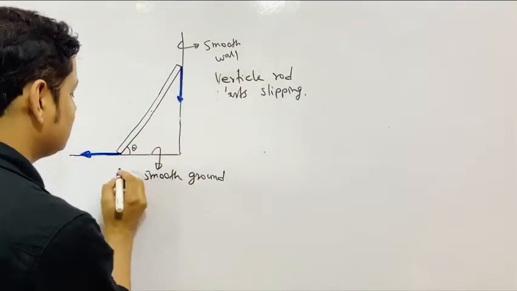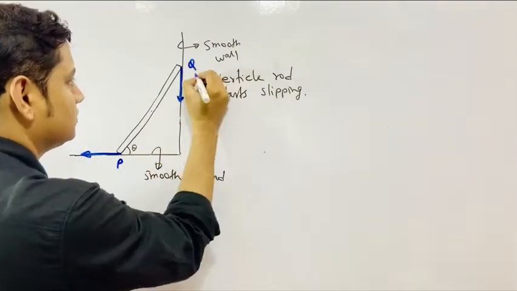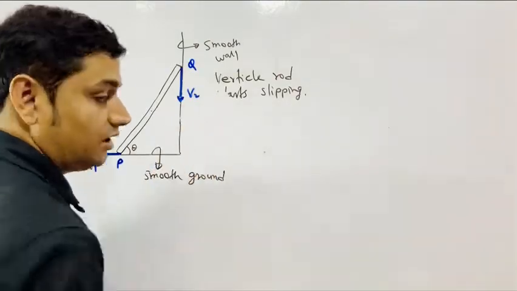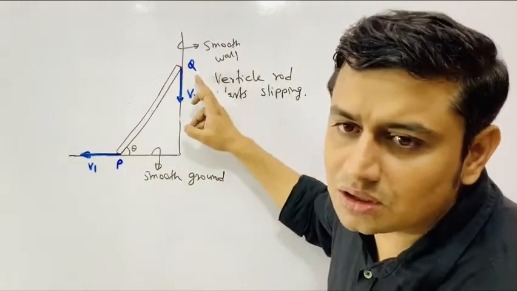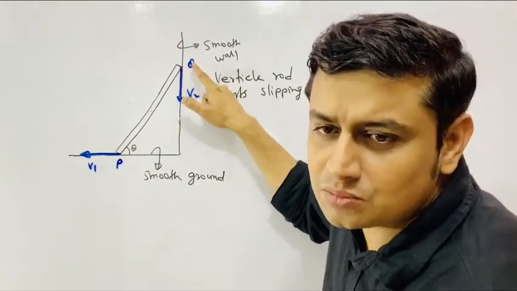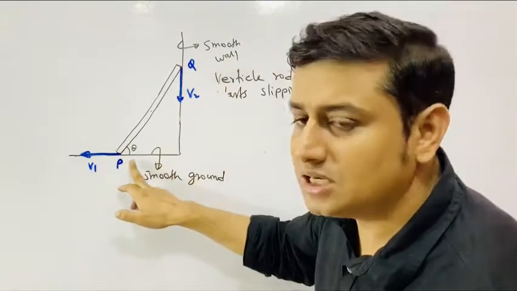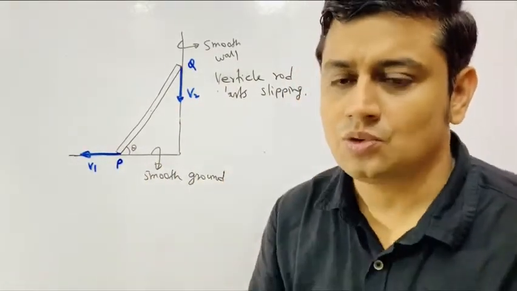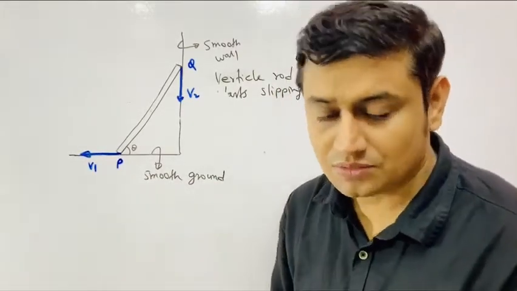Call this end P and this end Q. If this is V1, this is V2. Because it is in contact with the wall, this end is compelled to move downward, and this end is compelled to move leftward. So I got two points whose velocity directions I know. That is sufficient for me to solve any question.